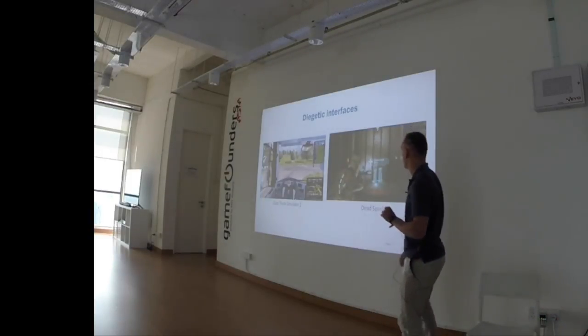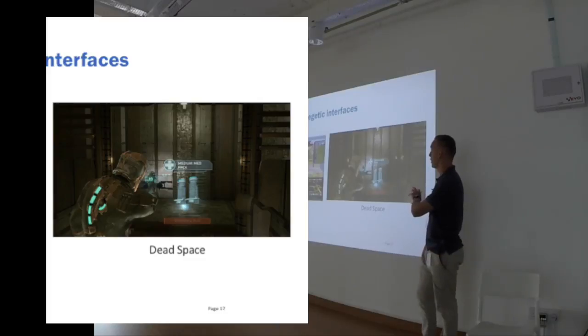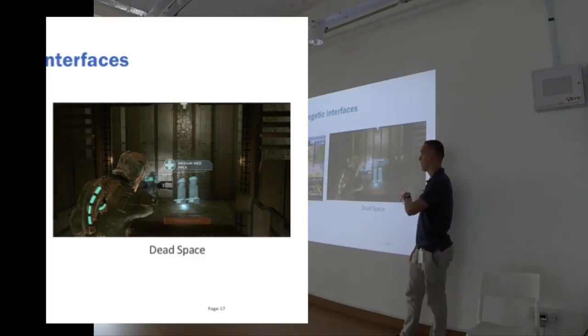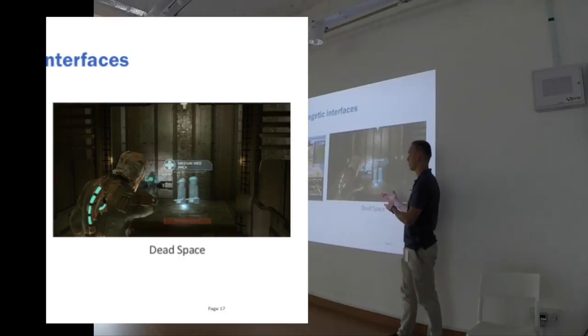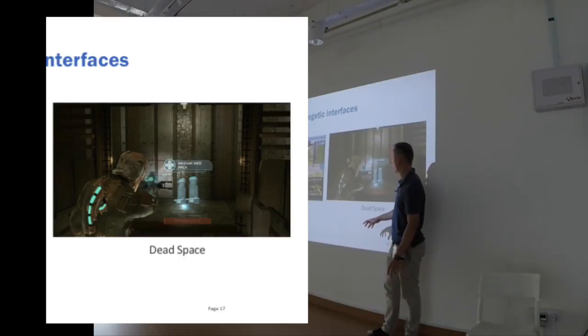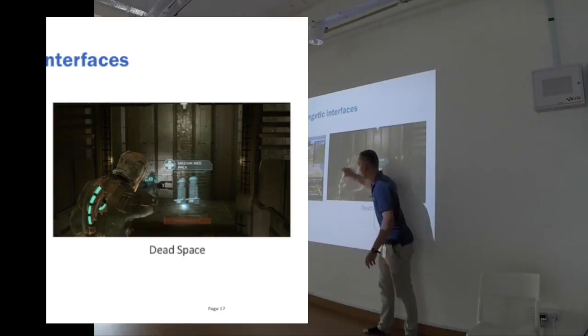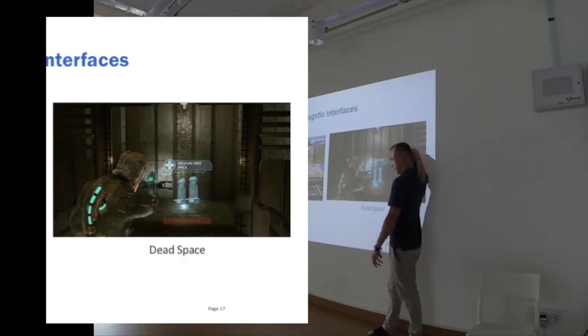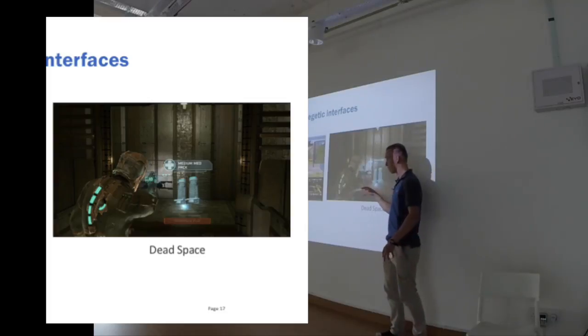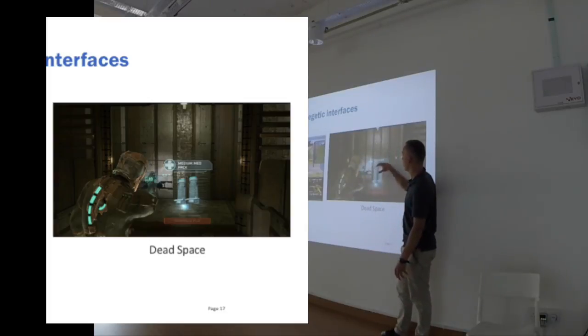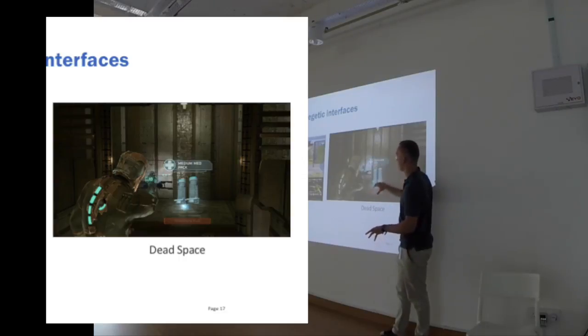Another good example is Dead Space, and this is actually pretty unique because everything that you see in the game, your character can see as well. It's pretty interesting how they make the HP bar, which actually shows you the spine of the suit, and as you interact with control panels or anything else, you can see pop-ups, as well as your character.